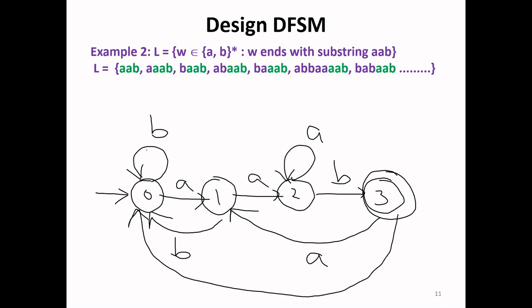It must go back to state Q0 and have the ending substring AAB. So here completes designing a DFSM for all possible strings of A's and B's ending with substring AAB.